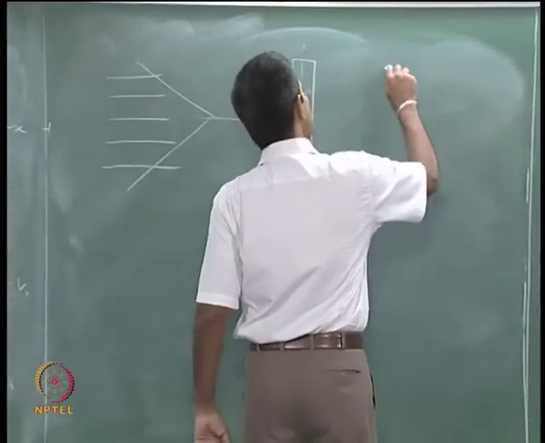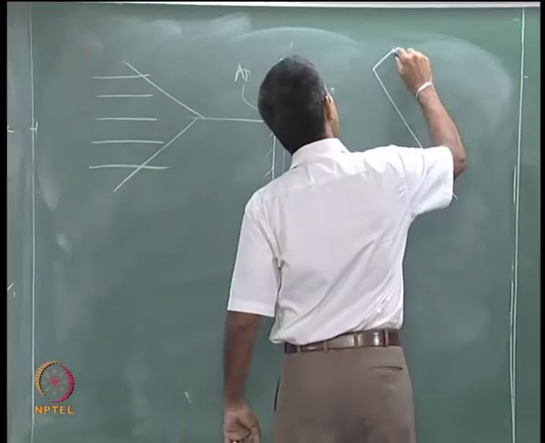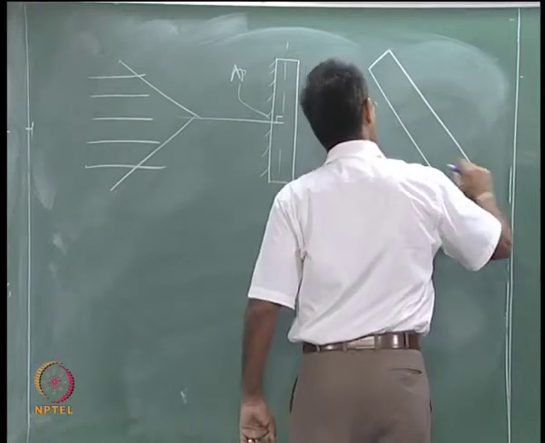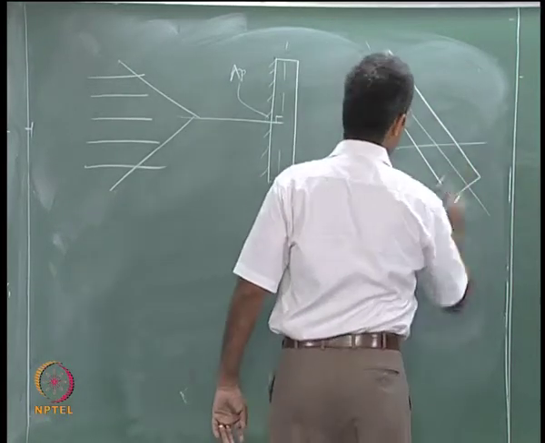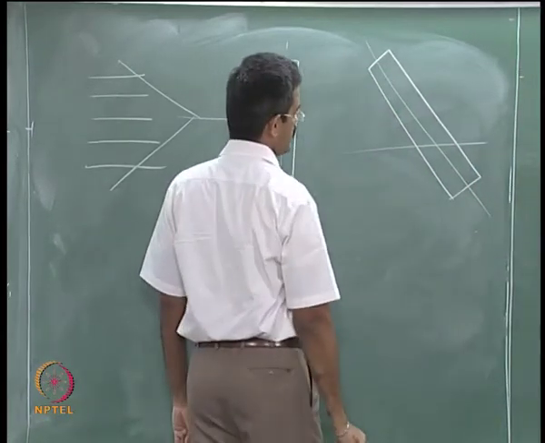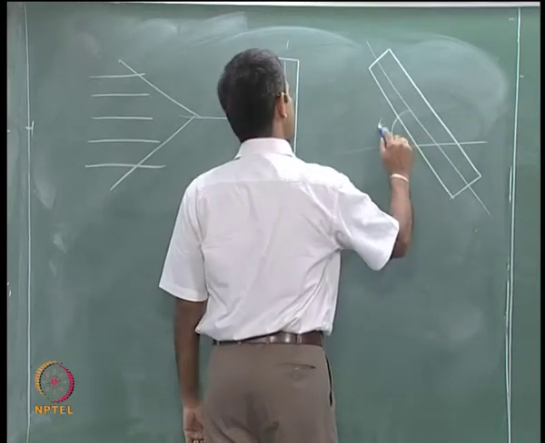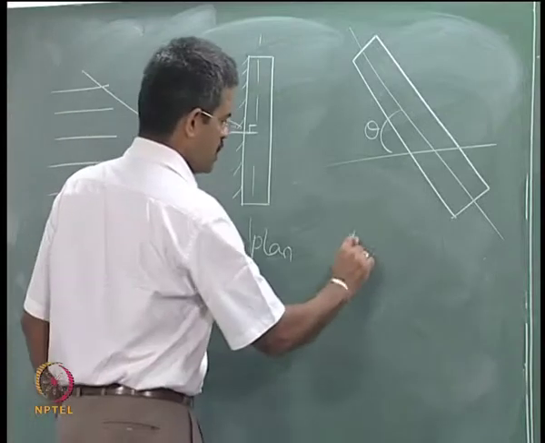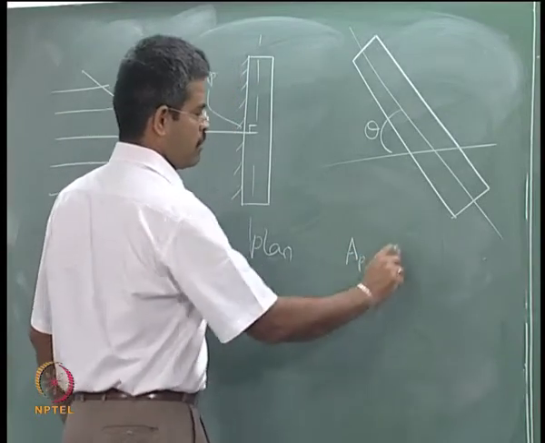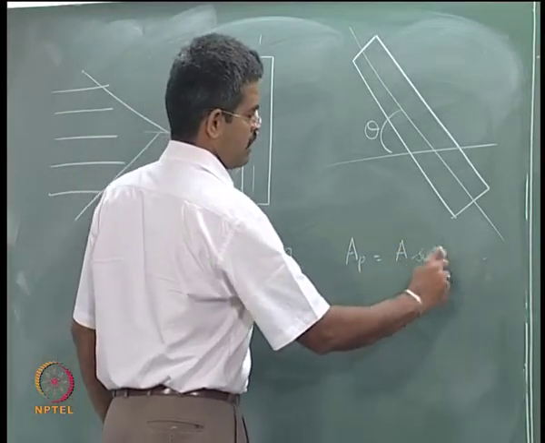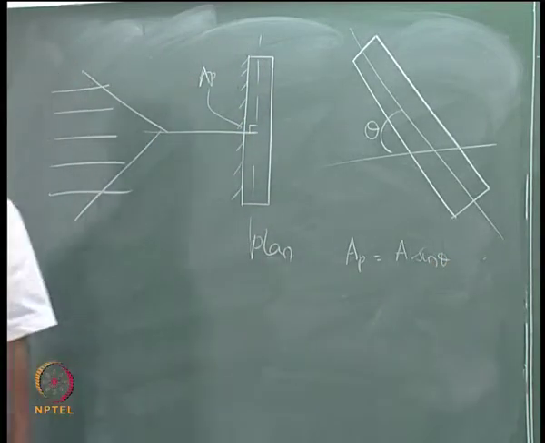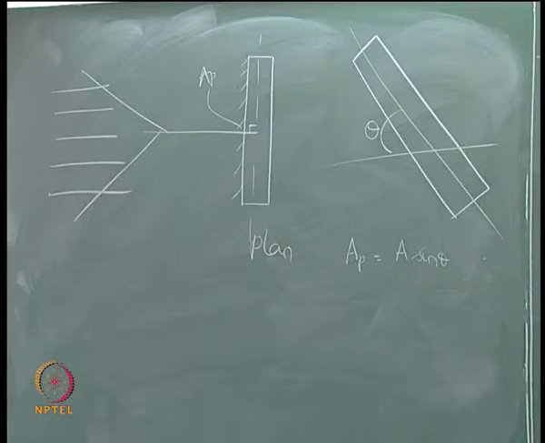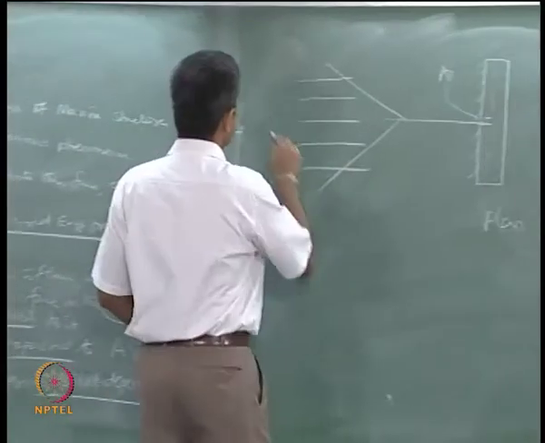If the member is inclined, whose axis has a value of, let us say, theta with that of the direction, then I must use equivalent area of projection, which will be A sin theta. Is that okay? This is the wind.